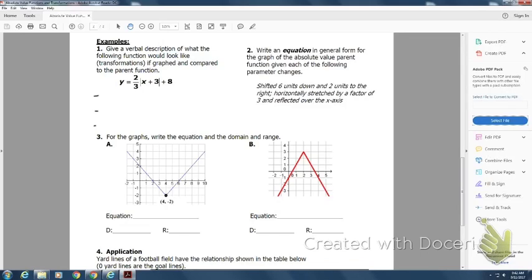It's going to go left 3. Left 3. Anna, give me another one. Up 8.